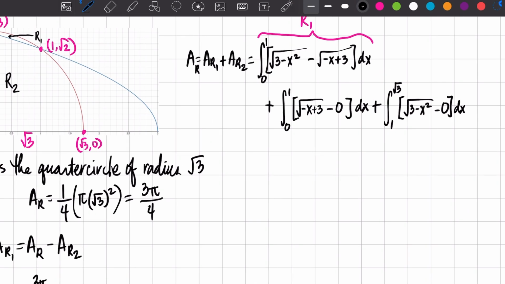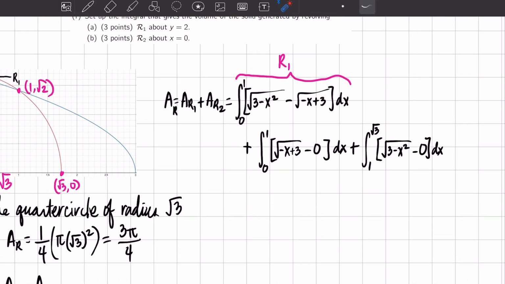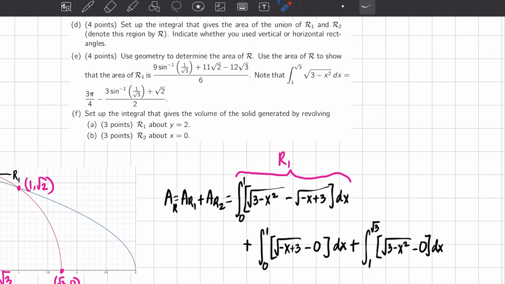So that's minus the integral from 0 to 1 of the square root of negative x plus 3 dx plus this one right here. The integral from 1 to square root of 3 of the square root of 3 minus x squared dx. And we are given this one as the value of that integral.